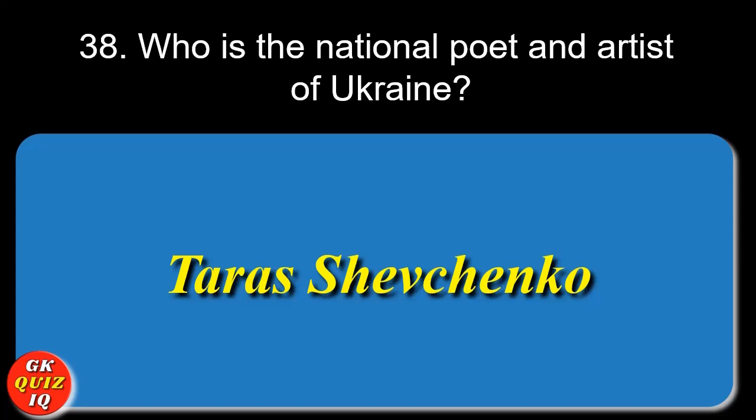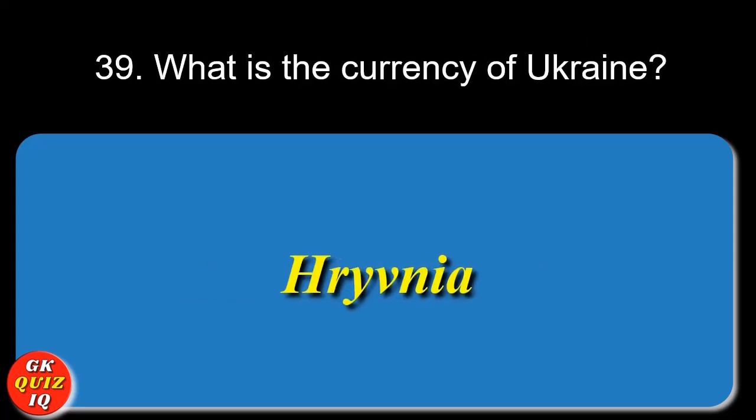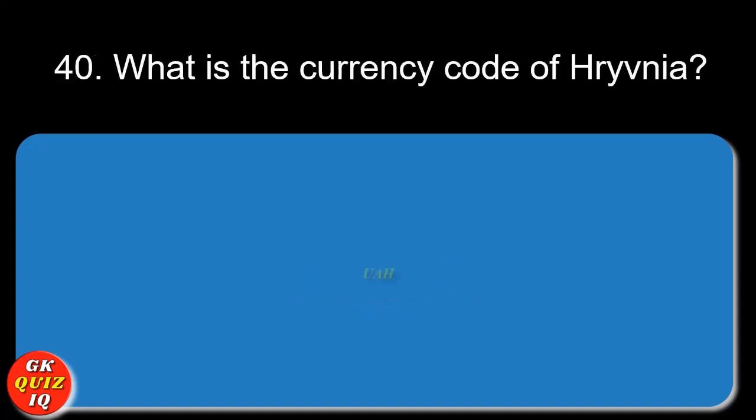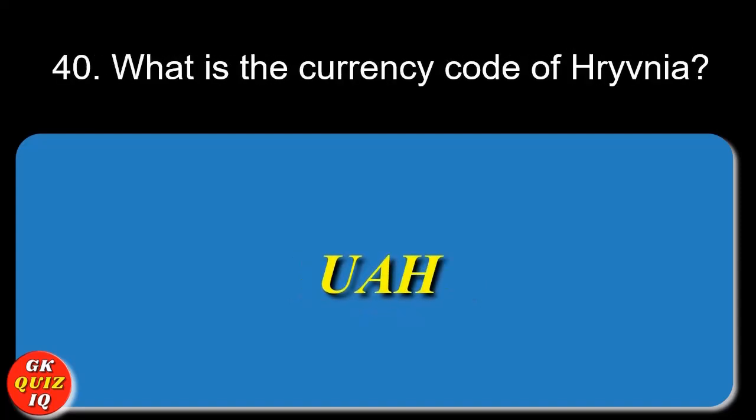Taras Shevchenko. What is the currency of Ukraine? Hryvnia. What is the currency code of Hryvnia? UAH.